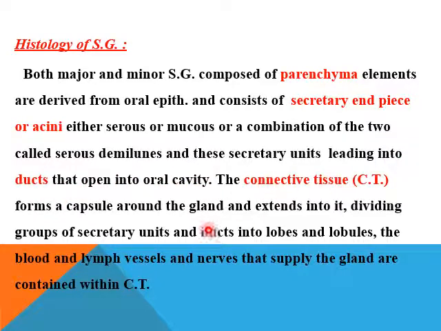The connective tissue forms a capsule around the gland and extends into it. This connective tissue extends inside the gland and forms connective tissue septa that divide groups of secretory units and ducts into lobes and lobules. The blood and lymph vessels and nerves that supply the gland are contained within this connective tissue capsule and connective tissue septa.